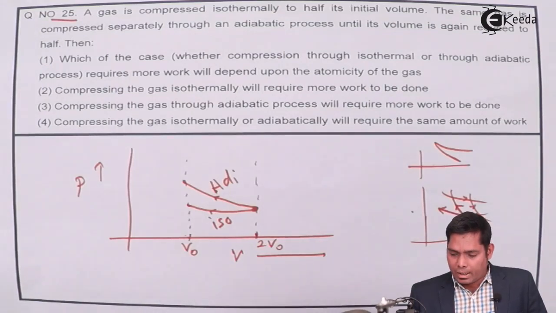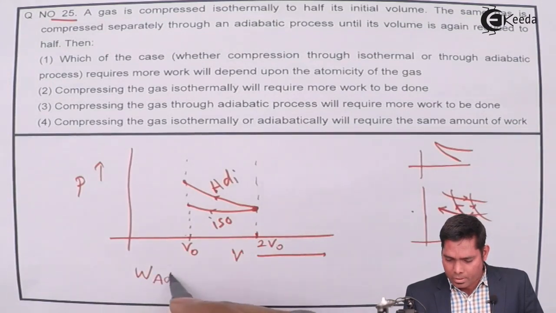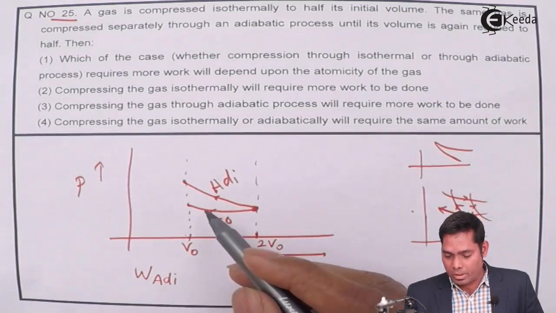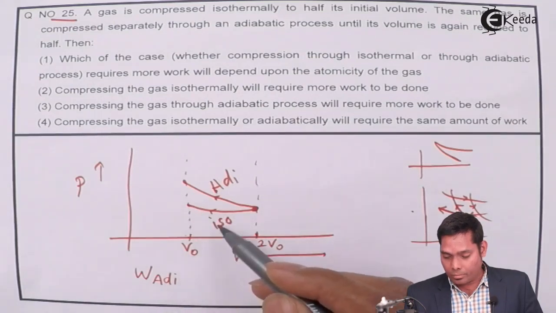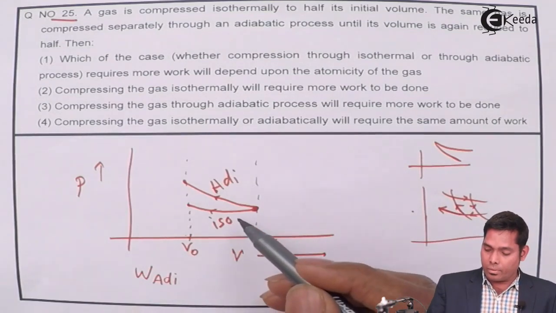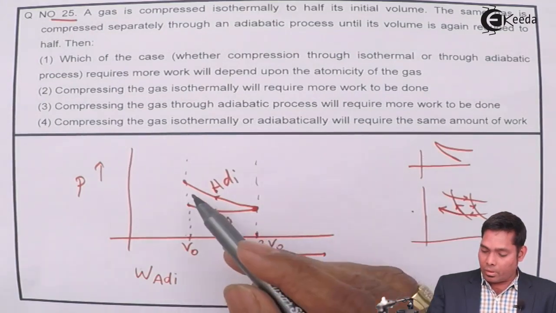We know that work done during an adiabatic process is the area under the curve. So the area here is negative. Here it is negative, here also it is negative.